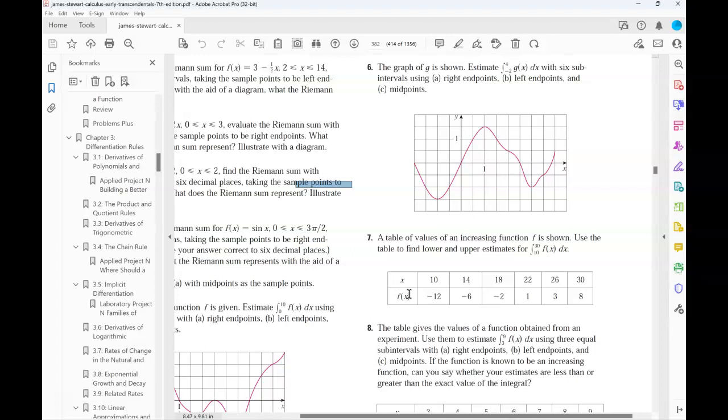Since it's decreasing, the left-hand rectangles are going to be the overestimates and the right-hand rectangles the underestimates, because the right hand is always lower than the left hand. If I look at the f of x's, they're increasing, going from small to big, so it'll be the opposite. The left hands will be the underestimates, because you'll always be lower than the right hand. Nothing more to it than doing a Riemann sum, just doing rectangles.